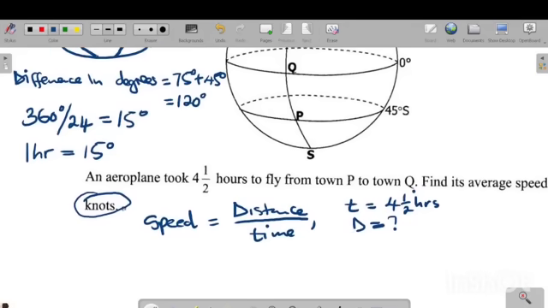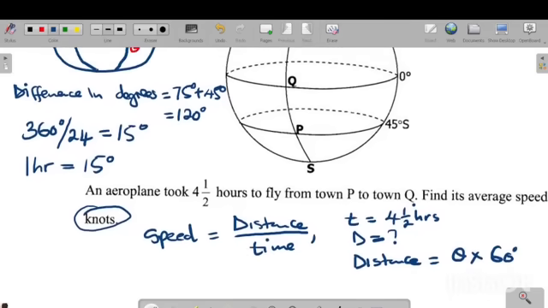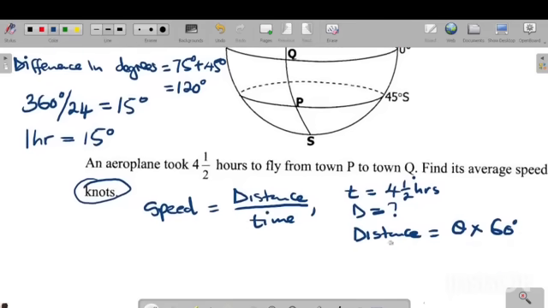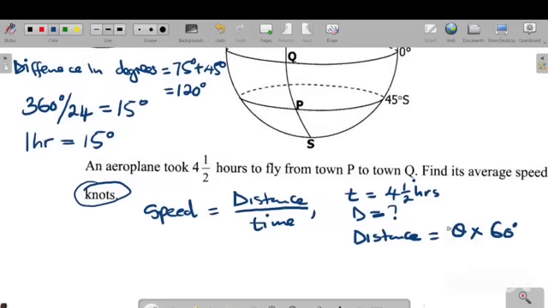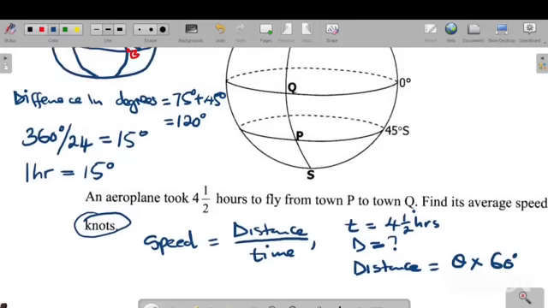Okay, so because they have said we need to find the speed in knots, it means that we need to find the distance in nautical miles. So distance is usually given by theta times 60 degrees. Okay, this is the formula that you have to keep. Now, what is this theta? So what you have to know is that theta is a difference in latitudes.